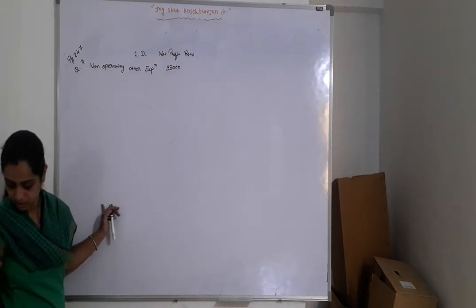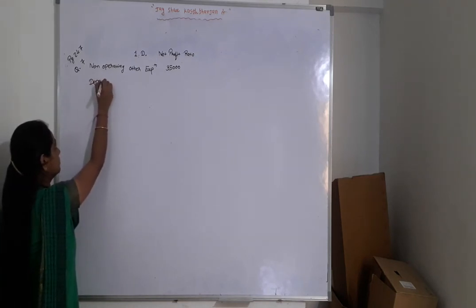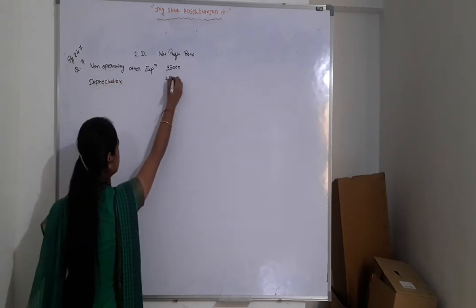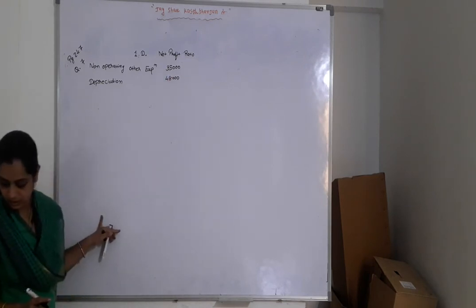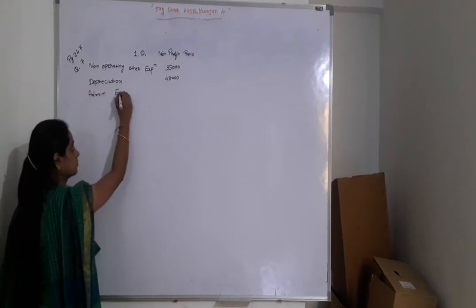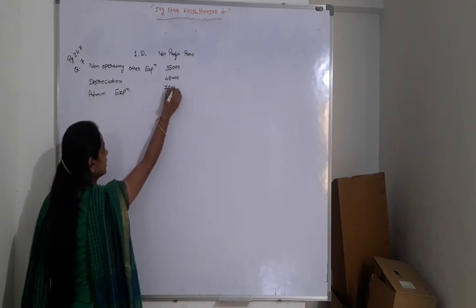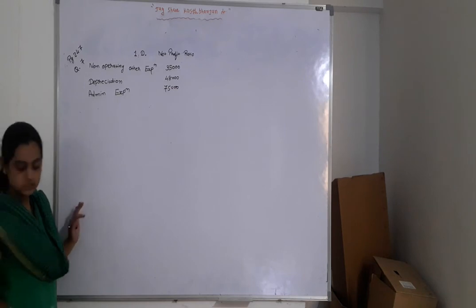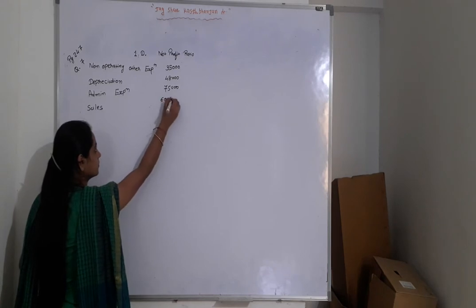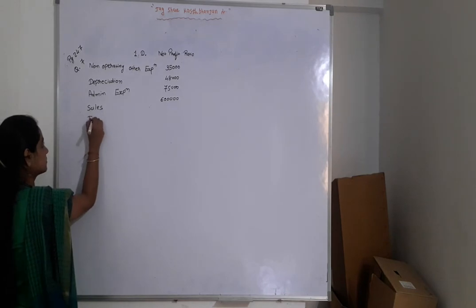Then depreciation 48,000. Then admin expense 75,000. Then sales 6 lakh. Then tax rate 30%.